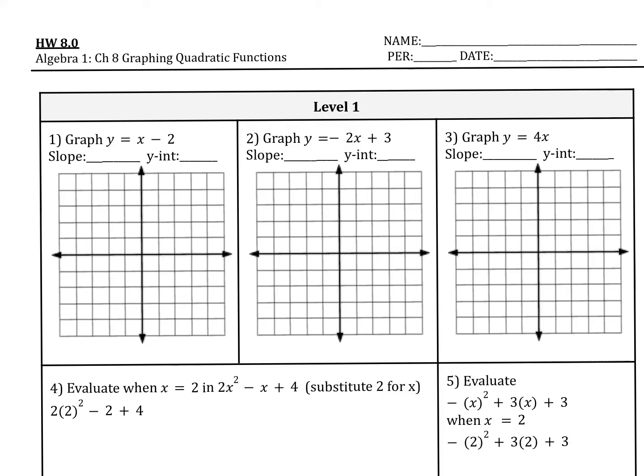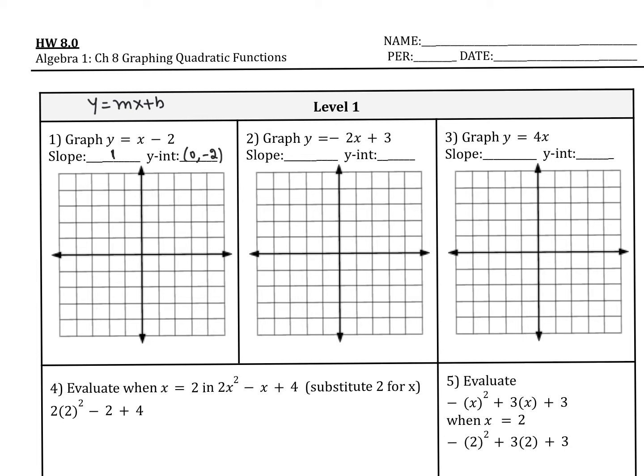So homework 8.0 level 1, question number 1, graph y equals x minus 2. You're going to compare this with the equation mx plus b, where m is 1, so the slope is 1, and the y-intercept is 0, negative 2.